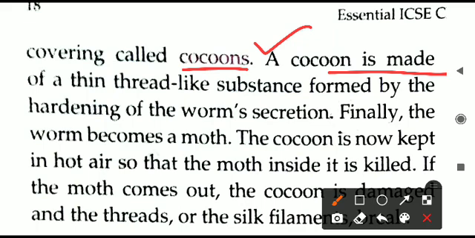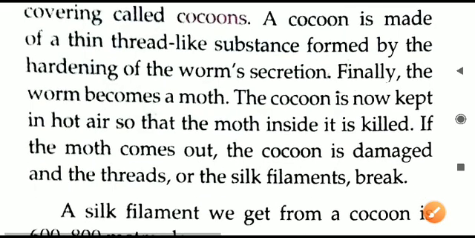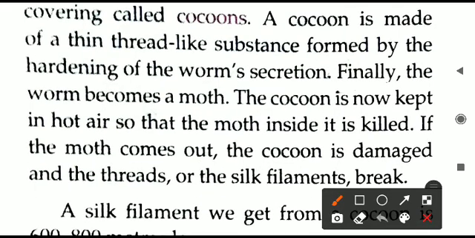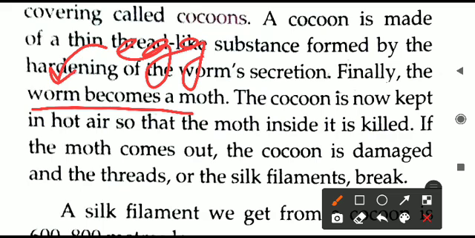It is made up of a thread-like substance which is formed by the worm's secretion. The cocoon is made by the hardening of the worm's secretion. Finally, when the worm becomes more mature, it converts itself into a moth. First of all, the egg is there, the egg releases a worm, and the worm changes into a moth.